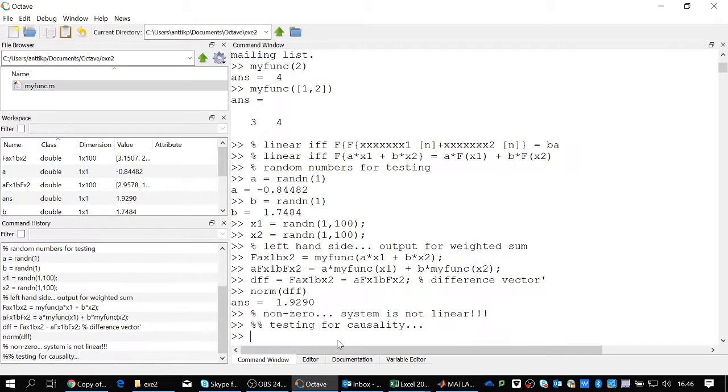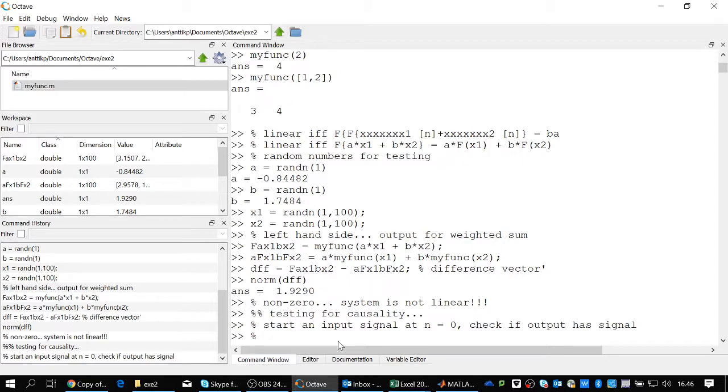Causality. Testing for causality. Basically we start an input signal at n equals 0 and check if the output has signal before that.